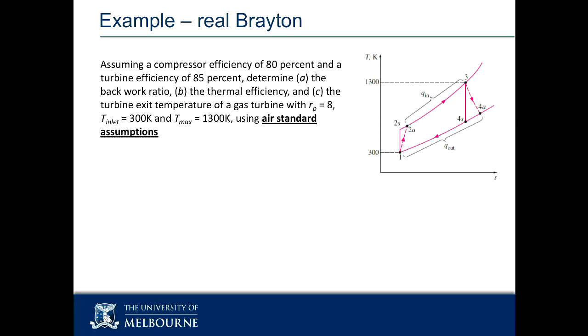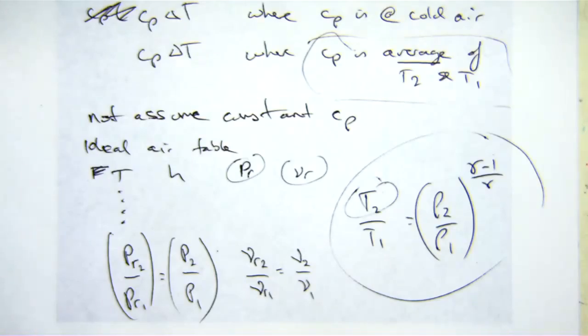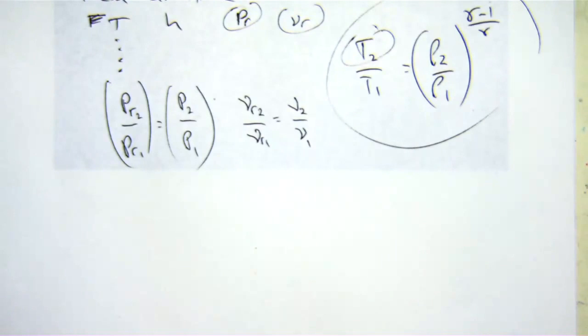So, how do I write that down? I've said here, a compressor, assuming a compressor efficiency of this and a turbine efficiency of that. It would help if I had a way to represent the efficiency of a turbine or a compressor in an entropy sense. So we've talked about the efficiency of a cycle, because there's net work out over the heat input.